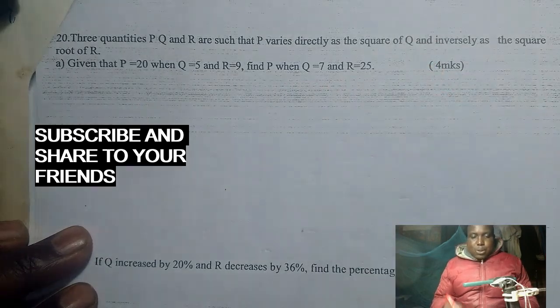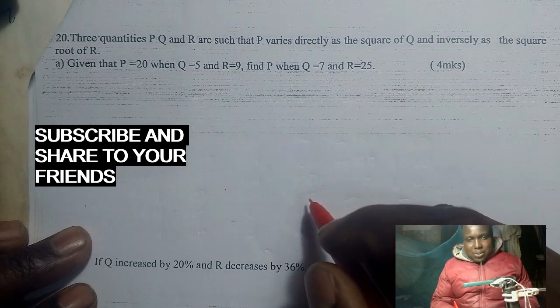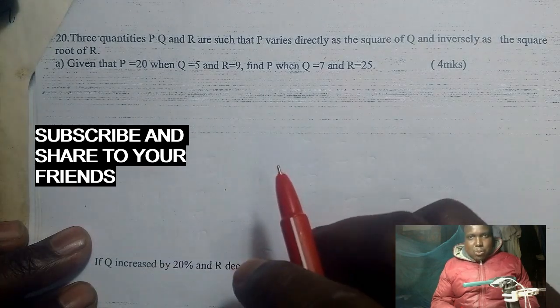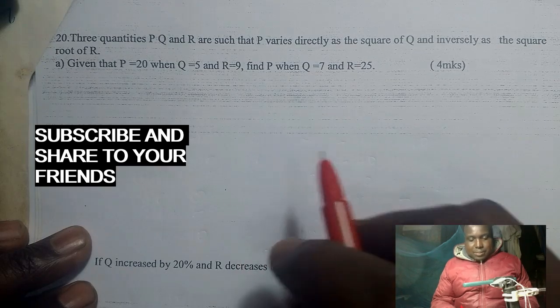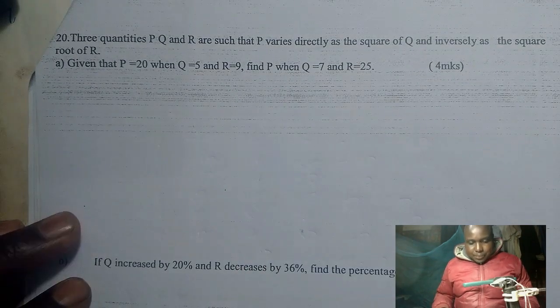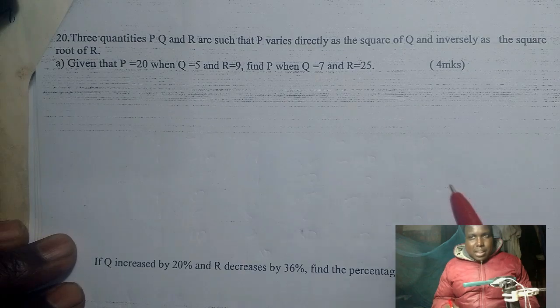For four marks, this is a Paper 2 question. So this year, expect this kind of question. Expect a question from the variation formula. We have how many types of variations?